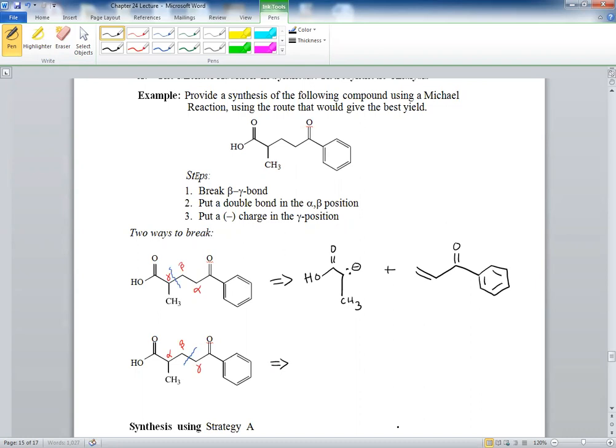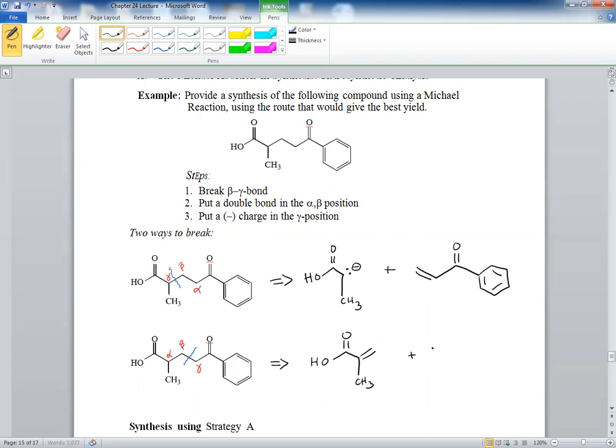Right there. Or down here, it's the opposite. Remember the alpha beta. This is the alpha, that's the beta. It was the alpha beta on the other side in this one.